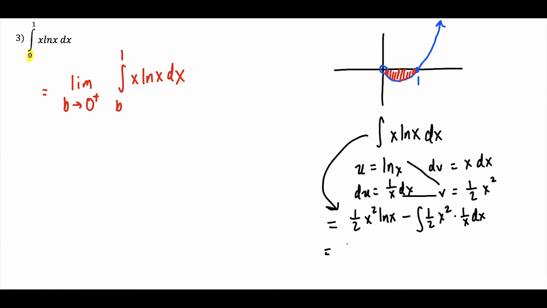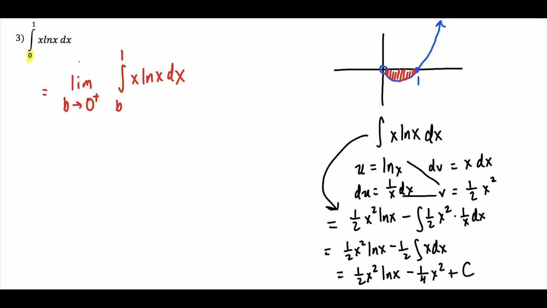So if we work this out a little bit more, this is 1/2 x squared natural log x minus 1/2, and now x squared times 1 over x is just x dx. So then when we work this out to the final step here, we have 1/2 x squared natural log x. The antiderivative of x is x squared over 2. So this is going to give us minus 1/4 x squared. And because we started with an indefinite integral on this side, we'll just throw in our plus c so that this side is technically correct.